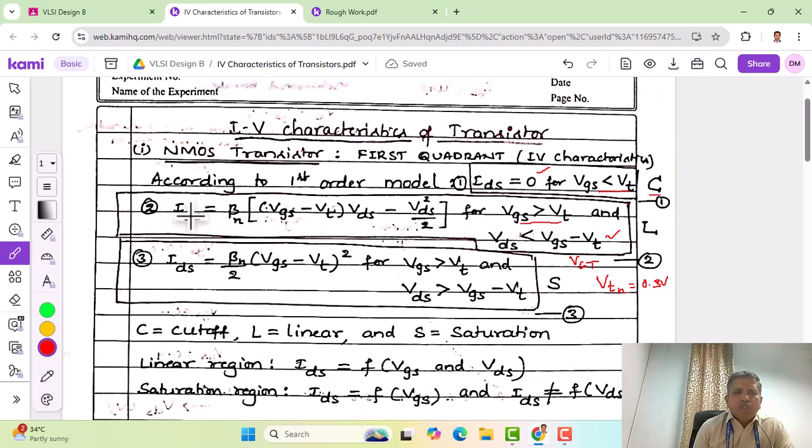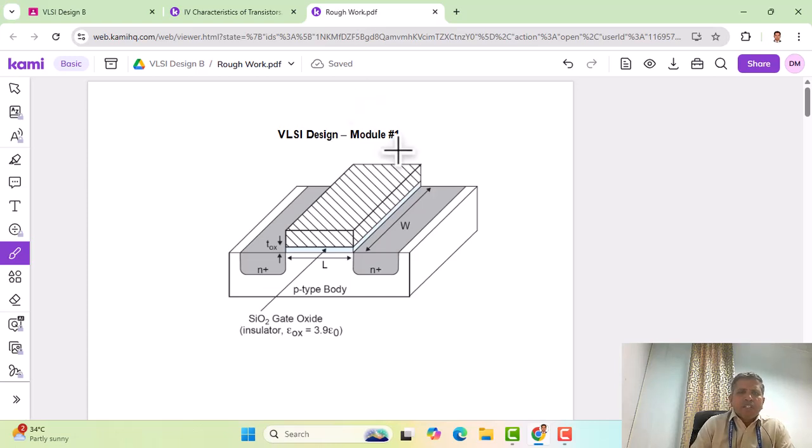The current that is flowing in the linear region is given by this mathematical expression. The drain to source current equals beta n. Beta n is nothing but mu times COX into W by L. I will write it separately so that people understand here.